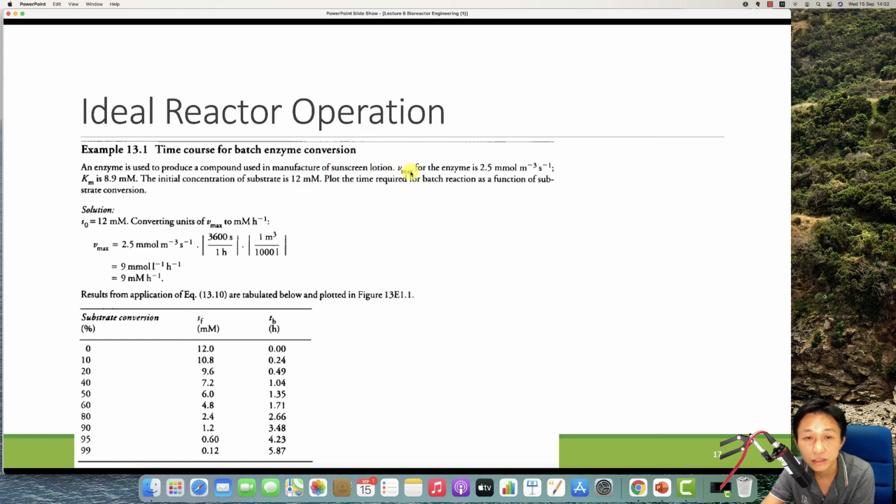This is the parameter of the growth, Vmax in this unit, and Km in this unit, and we use milliliter per minute, for example. Plot the time for substrate conversion. Initial S0 is this one, and convert in this Vmax.